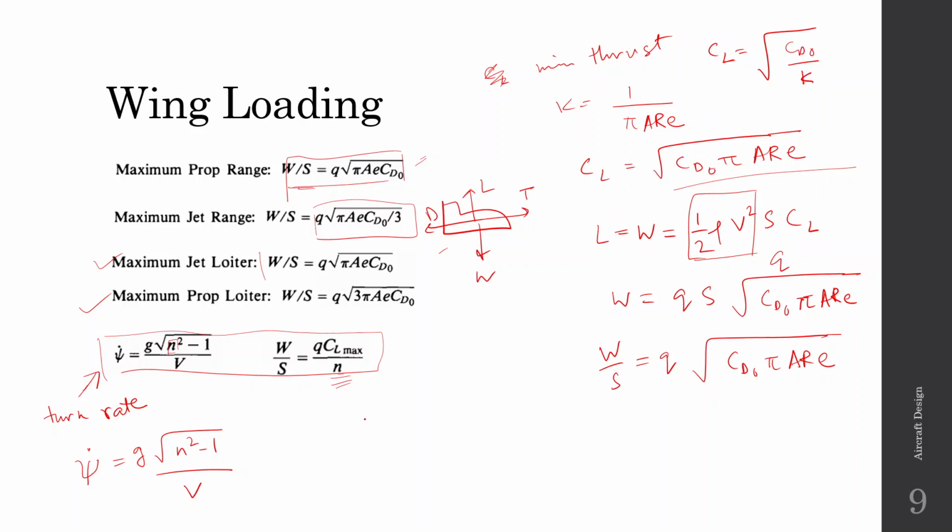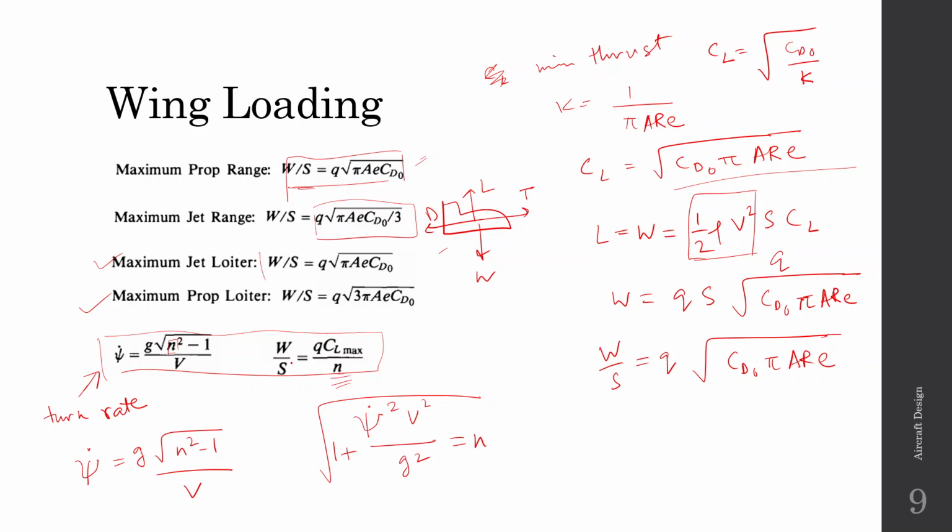So what you can do is you can square and rearrange it. So n is given by this quantity.